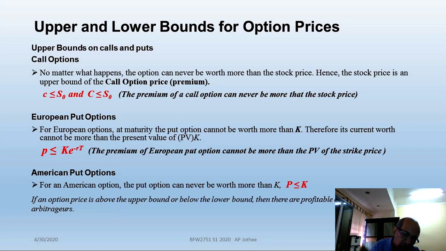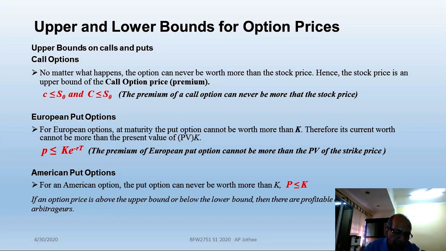So the premium should not be more than the present value of the strike price, while the American option gives you the advantage to exercise immediately, so the premium should be less than or equal to the strike price itself.